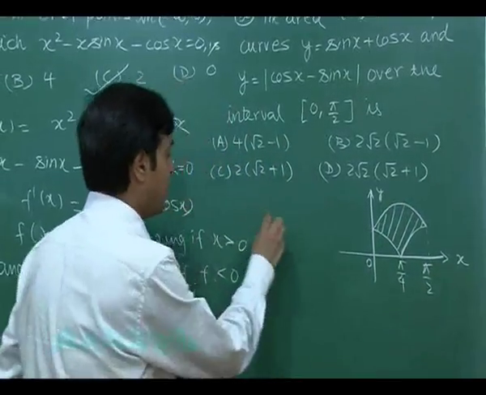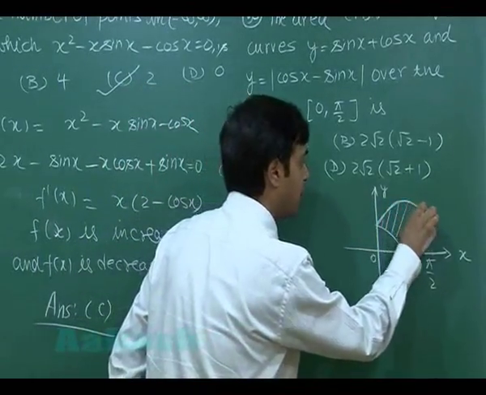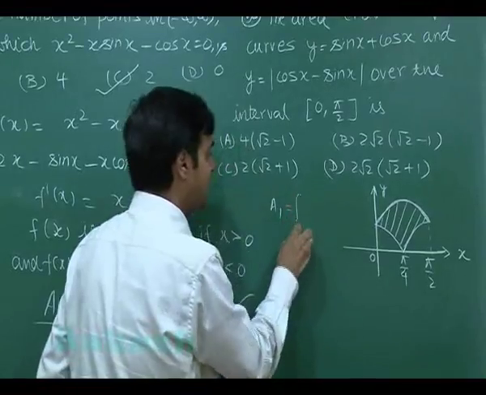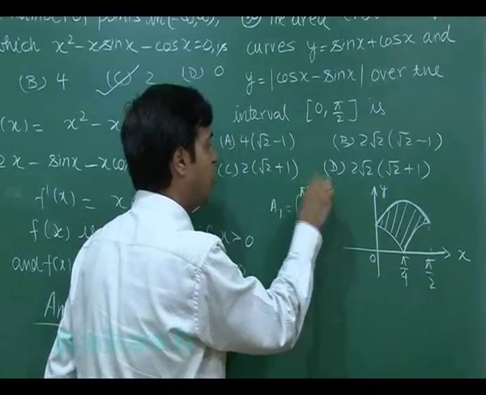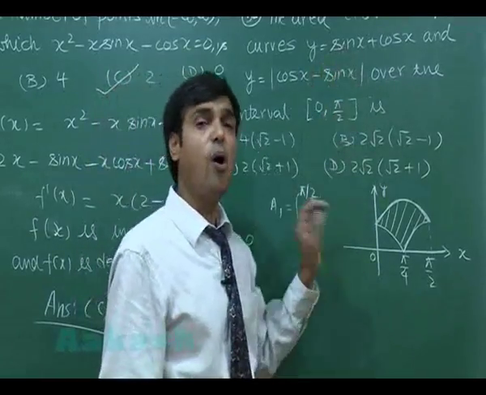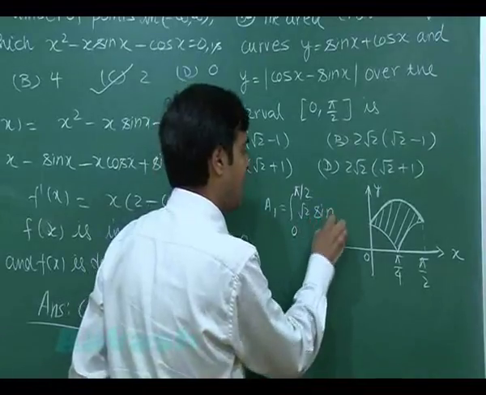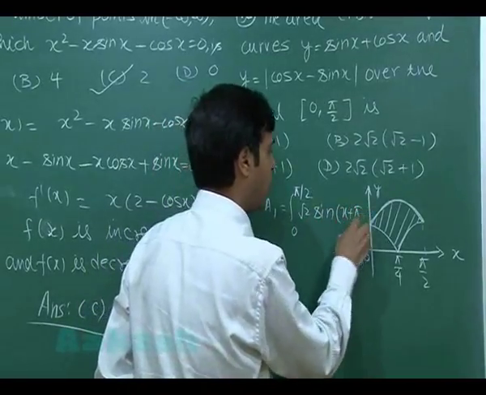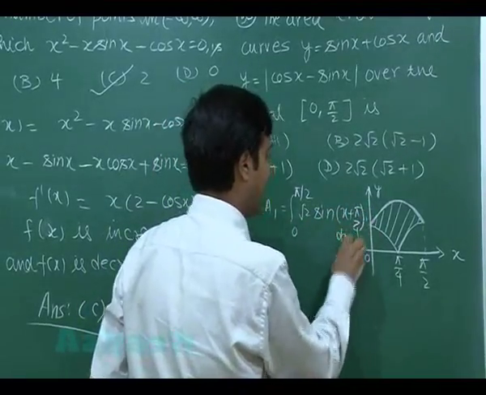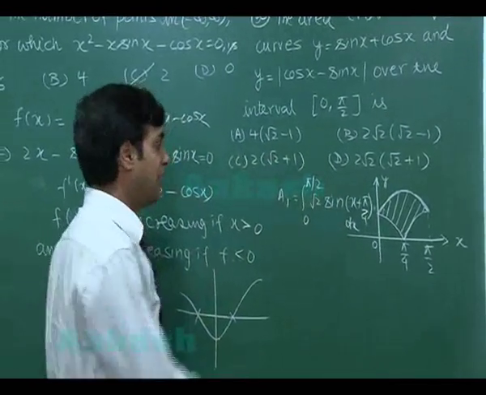I can see, say A1, the first part by the upper curve. A1 is integral 0 to pi by 2 of sin x plus cos x. Either you can write it directly or you can put it like root 2 times sin of x plus pi by 4 dx.